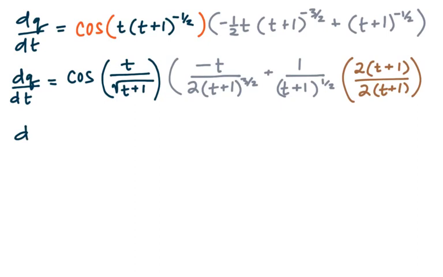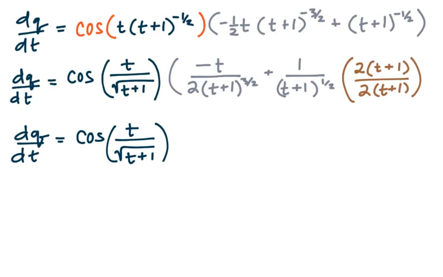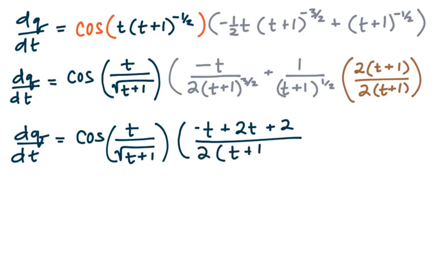So my final answer here, the derivative of q with respect to t, is the cosine of t over the square root of t plus 1, times -t plus 2t plus 2 over 2 times (t+1)^(3/2).